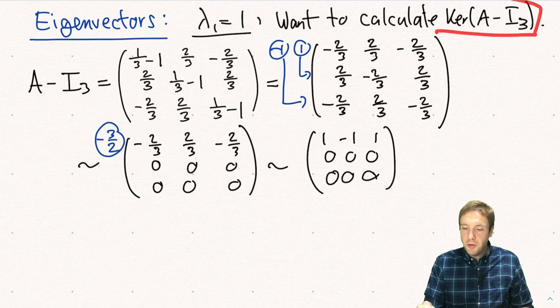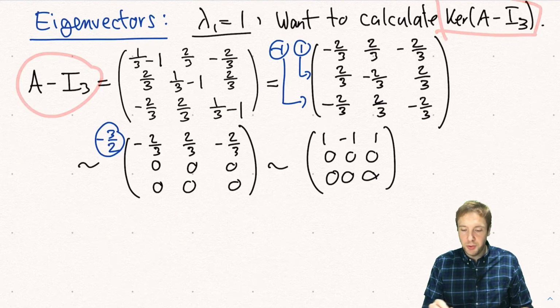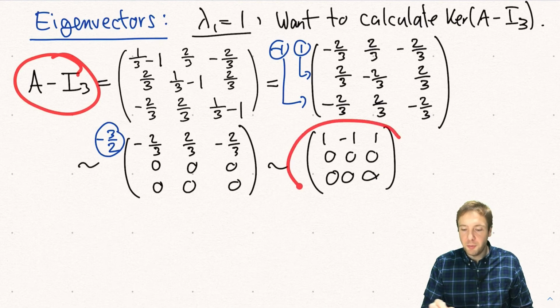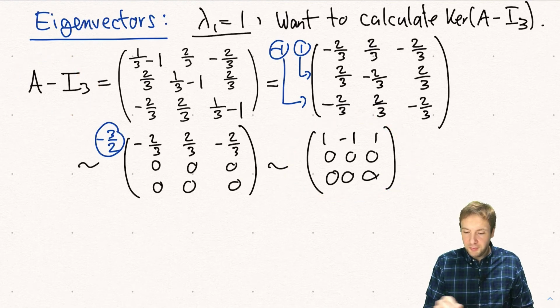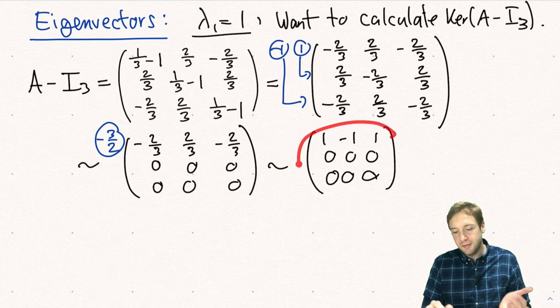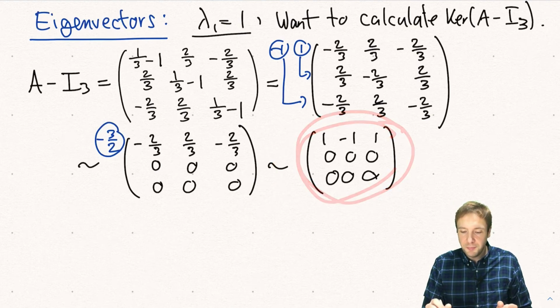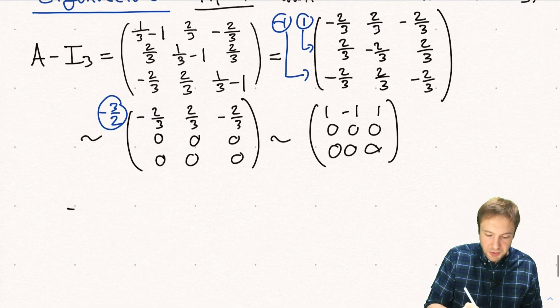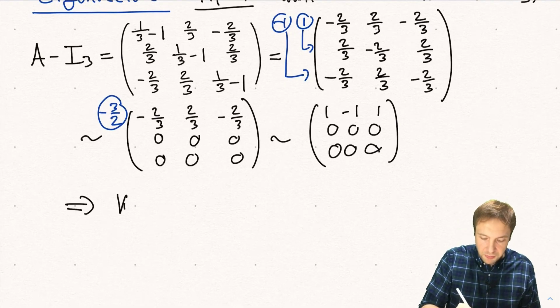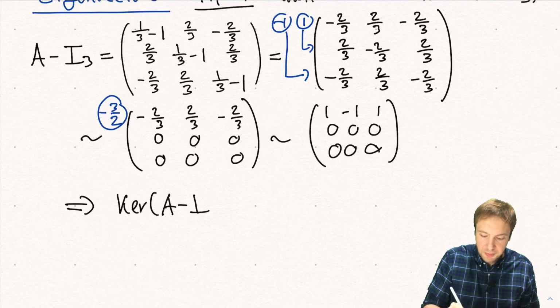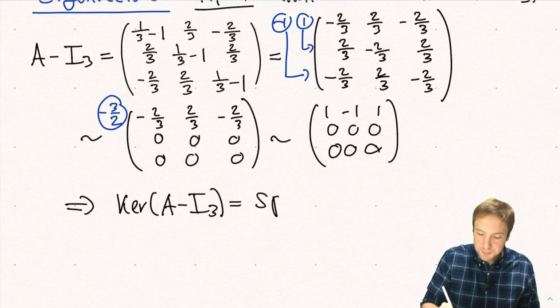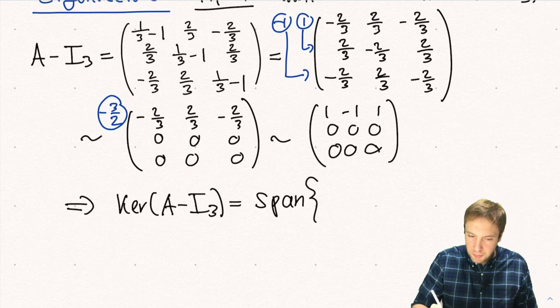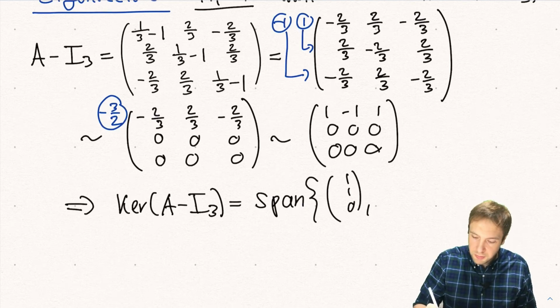And now to calculate the kernel of this matrix, well, it has the same kernel as this matrix here. So if we think again about linear systems, what is the linear system behind this? Here we see we have two free variables, and so the kernel in this case is something two-dimensional. So the kernel of A minus I3 is the span of (1, 1, 0) and (-1, 0, 1).